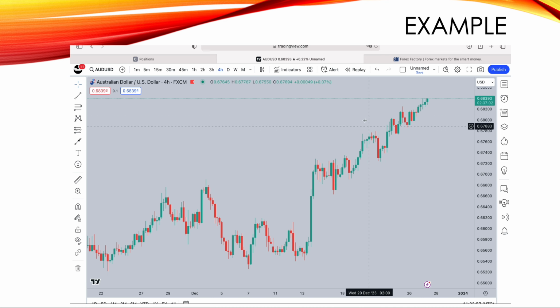Okay, using the exact same concept, the exact same description, okay? Looking at this candle by here, you can't really see it, but it's pointing to the green candle, okay, right by there.